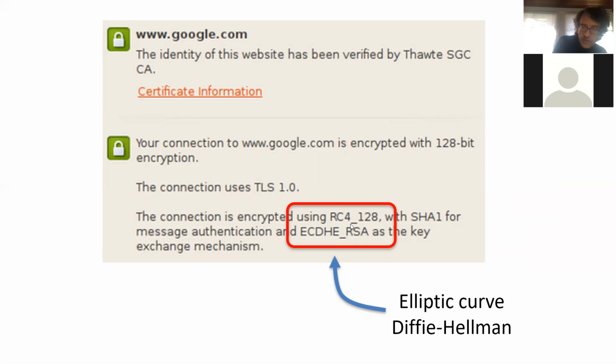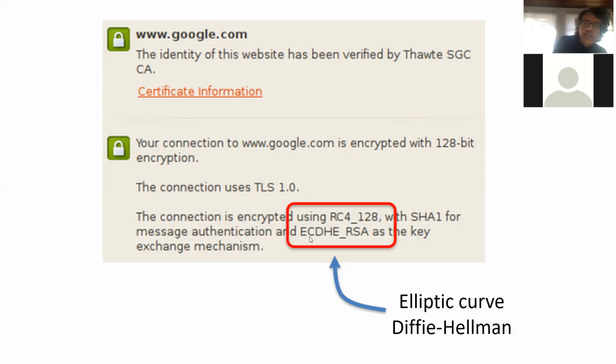RC4 is a cipher. SHA is the hash, and SHA-1 is phased out. So this is quite an old slide, and so is RC4 actually.